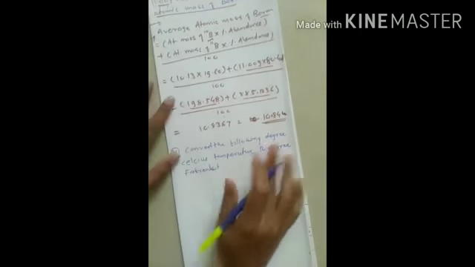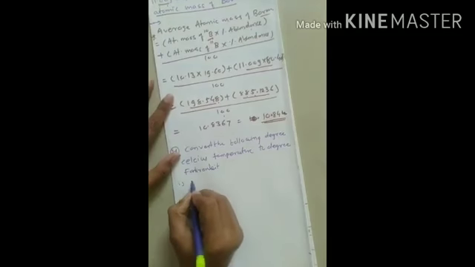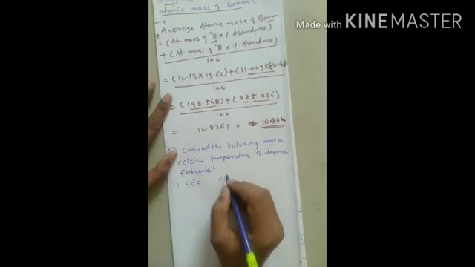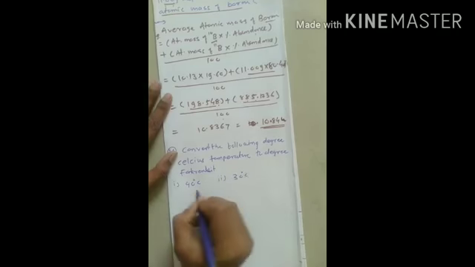Two sub questions are given. The first one is 40 degree centigrade, which we have to convert into Fahrenheit, and for the second question, 30 degree centigrade, we have to convert it into Fahrenheit.